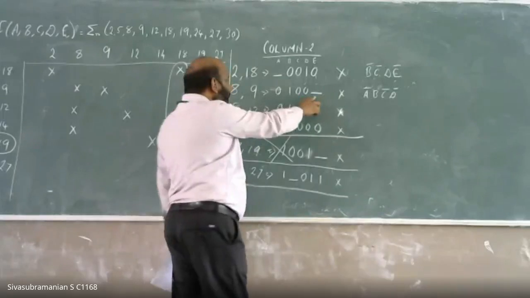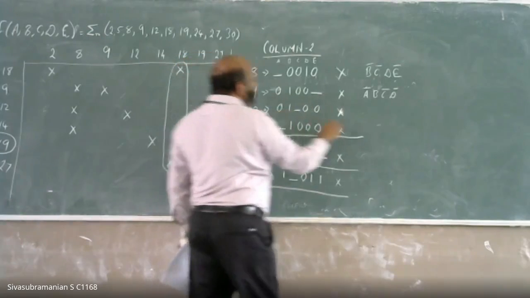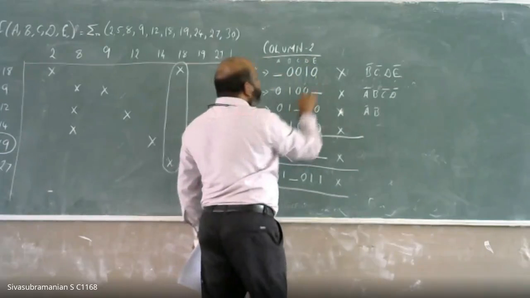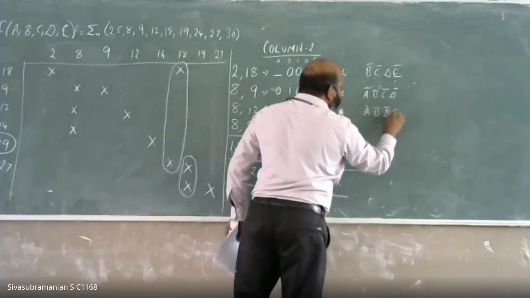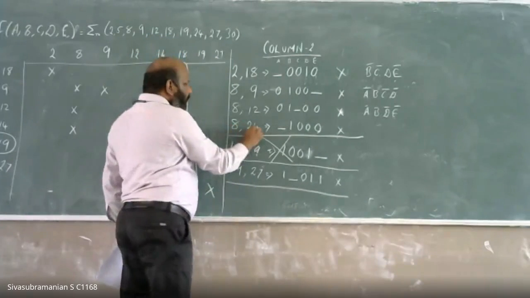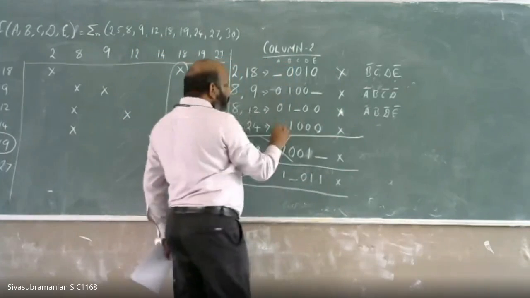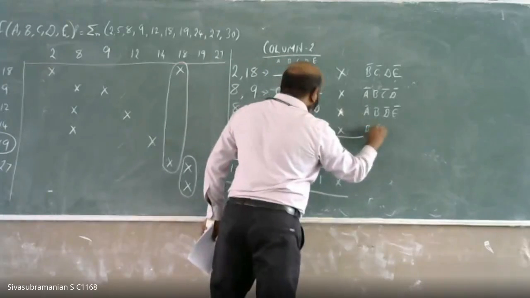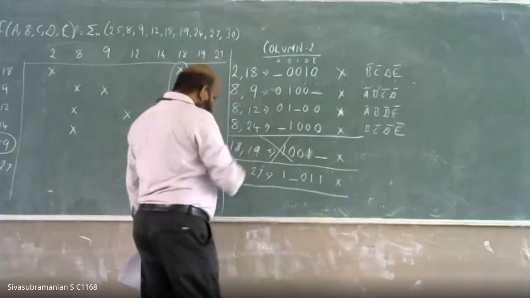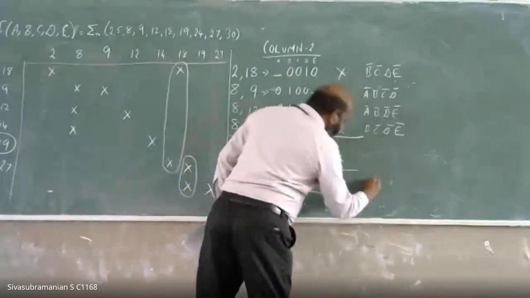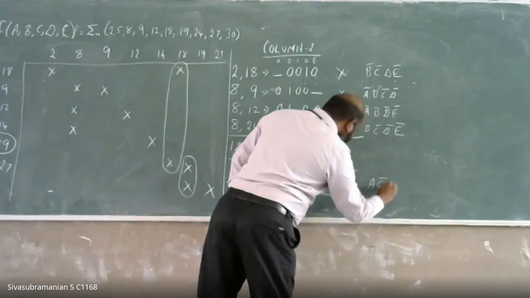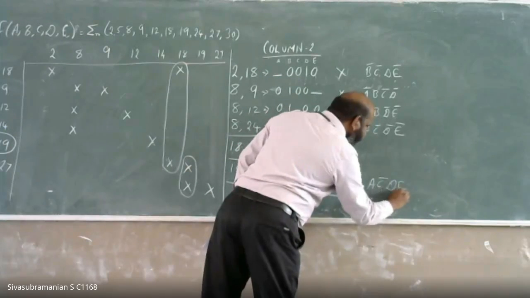When it is 8, 12, A bar, B, C is not going to come into picture, whereas D bar, E bar comes into picture. Coming to 8, 24, A is going to be ruled out because it is don't care: B, C bar, D bar, E bar. And for 19, 27, A, B will not come here. It will be C bar, D, E.